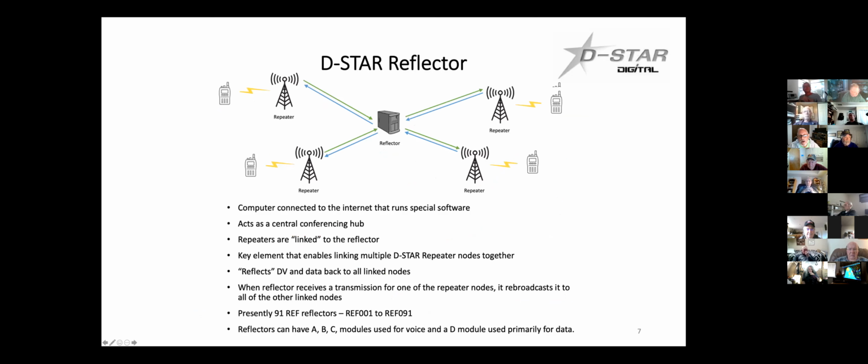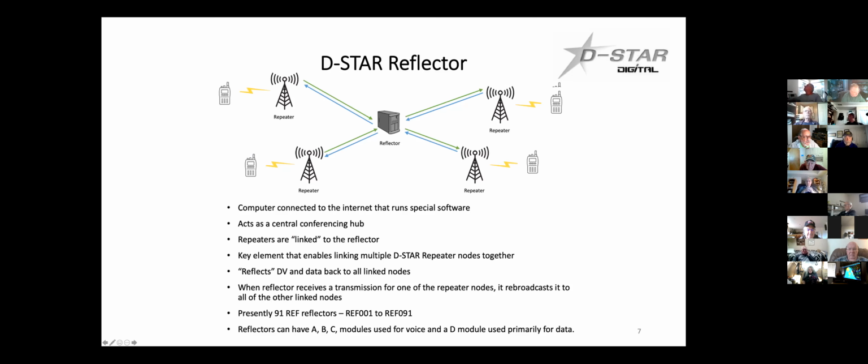So what is a D-Star reflector? Basically it's just a computer or a server that's connected to the internet that runs special software. It acts as a central conferencing hub so that everybody that is on a repeater that's connected to that reflector can all talk to each other and can all hear each other. Repeaters are linked to that reflector.